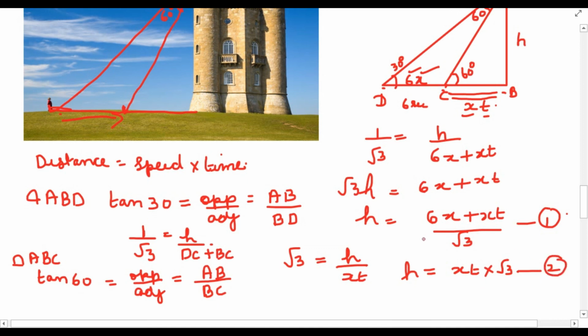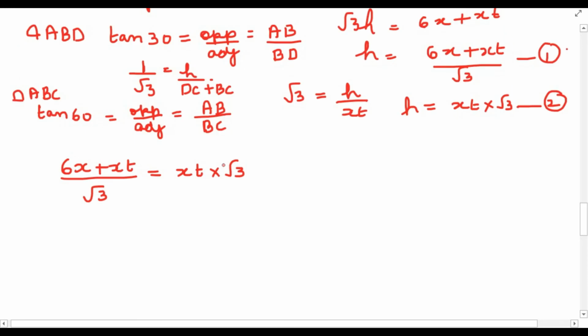We can equate the first equation and the second equation. So from 1 and 2 we will get, now x I can take outside, 6 plus t divided by root 3 equal to xt into root 3. x and x cancel.